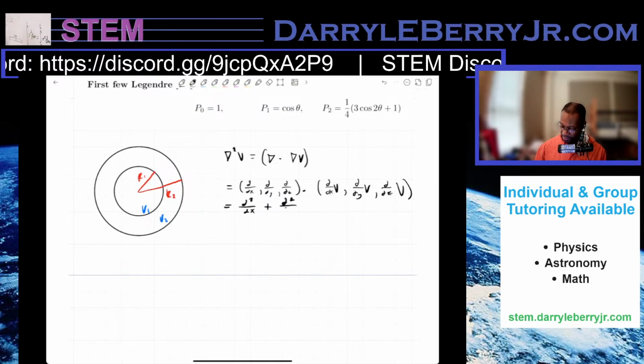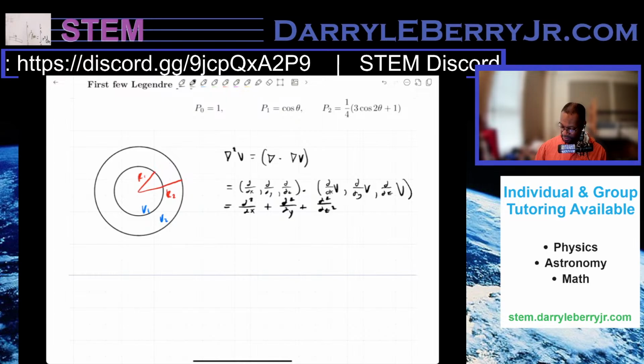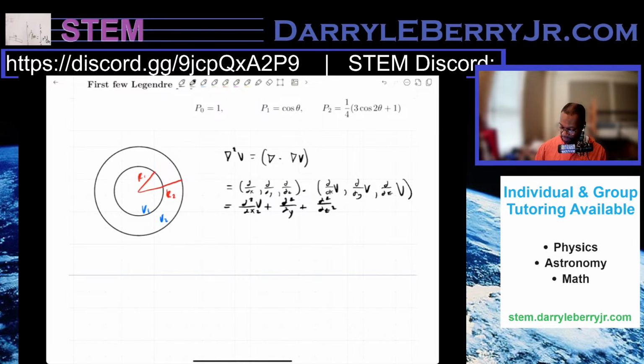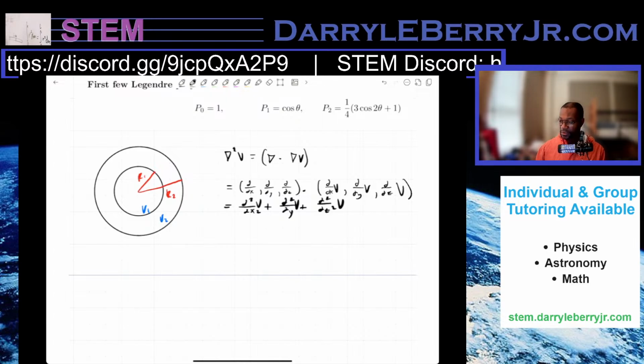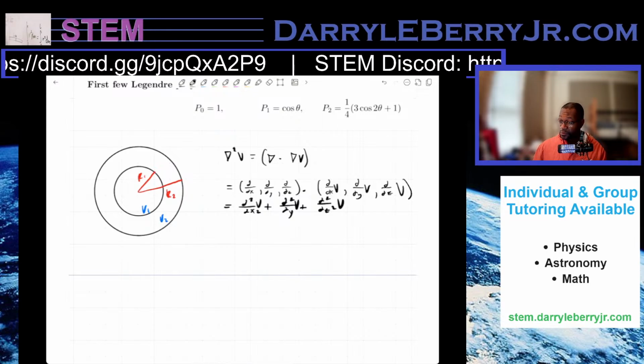Plus V. So V. The thing is, this needs to be in spherical coordinates.